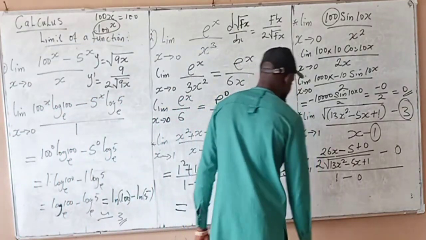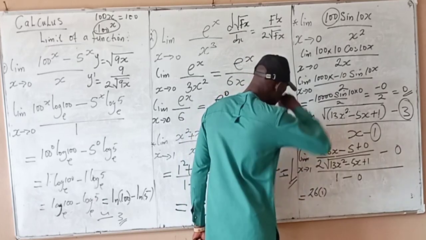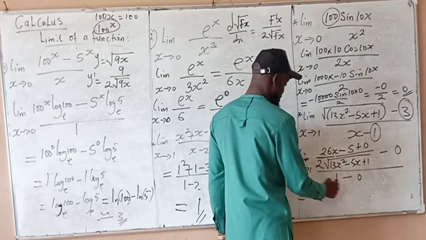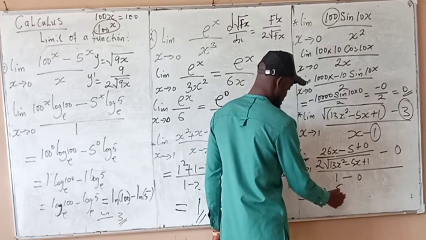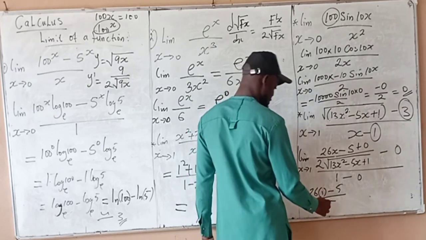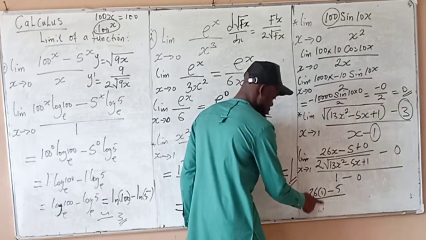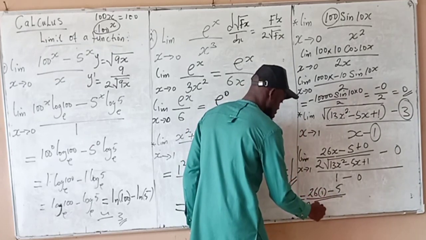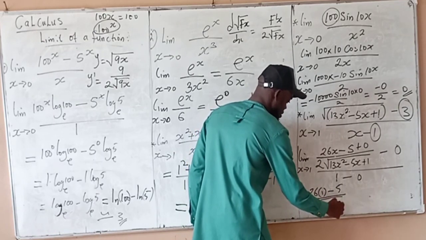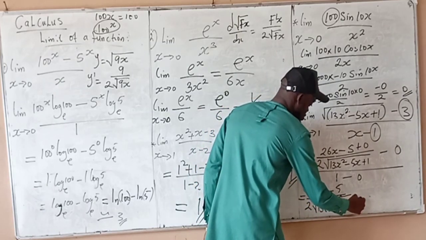So, anyway, it gives 1 over 46. That's 1. Minus 5 divided by 2 times the square root of 13 times 1 squared minus 5 times 1, plus 1.